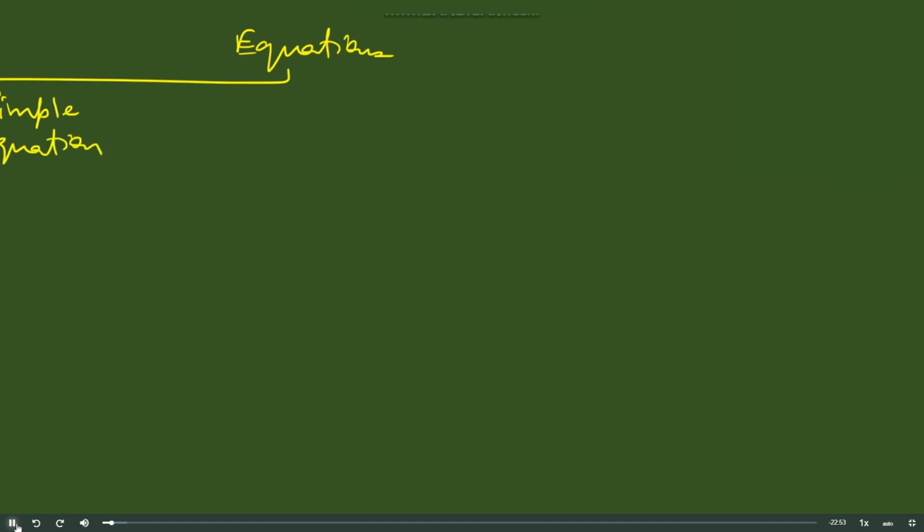If you look at this topic, equations, they will first show you what is a simple equation. The first thing you have to do is simple equation.